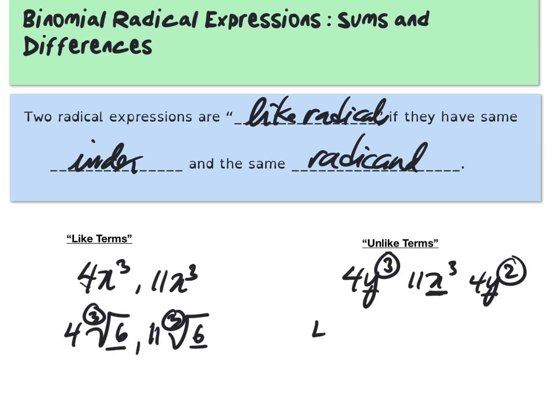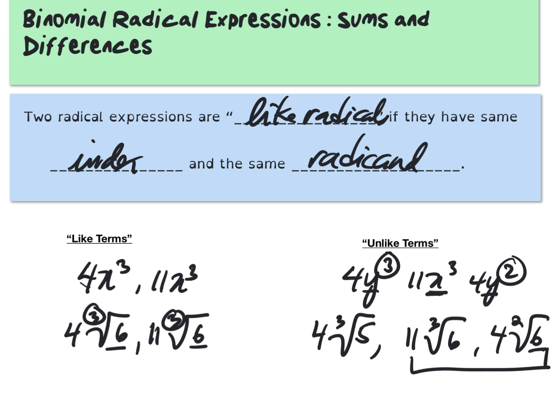So for example, 4 cube root of 5, or maybe 11 cube root of 6, or maybe 4 the square root of 6. So look at these two. The radicands are the same, but the indices are not the same. So they are actually called unlike terms.